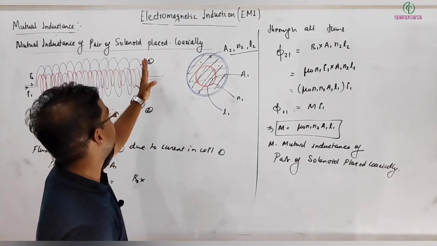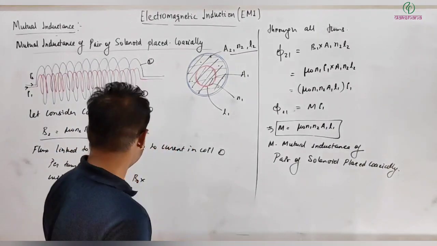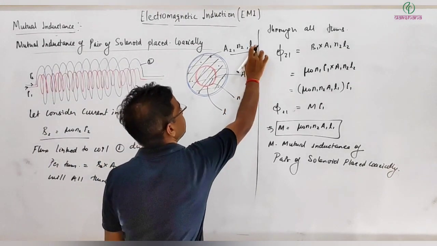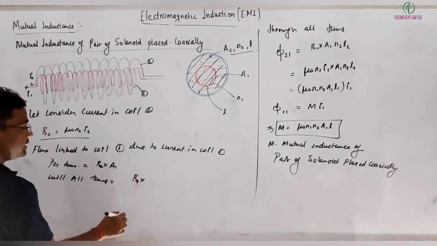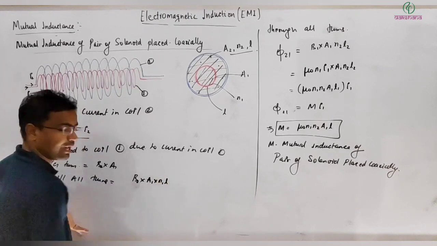We will assume in the outside region there is no flux. So let me write these lengths are equal, then I will be writing it this way. So this I can write B2 into A1 into total number of turns N1 into L.